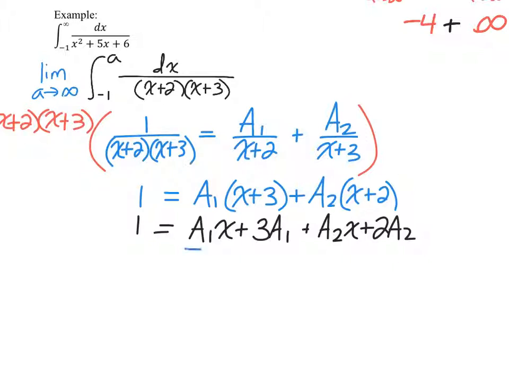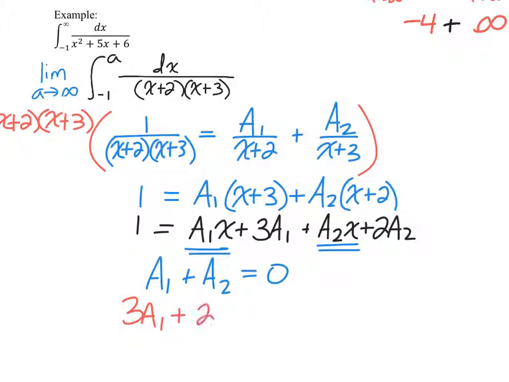Got the one relationship here involving the x's. Well, that tells me that a sub 1 and a sub 2 are going to add to 0 because there's no x on the other side. And the other relationship is that 3a sub 1 plus 2a sub 2 is going to have to give me that 1.